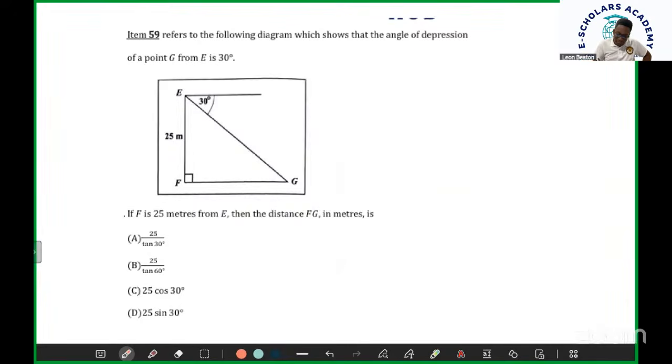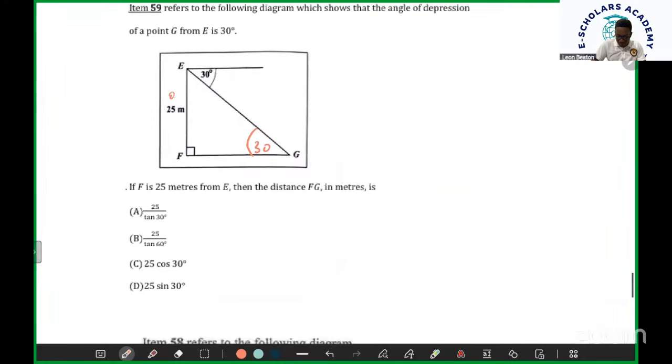FG is here. So let me see, here is 30. So we know here will also be 30. So we want to find FG, which is the bottom here. Since we're using this angle as a reference angle, the 25 will be the opposite, and the side that we want to find will be the adjacent.